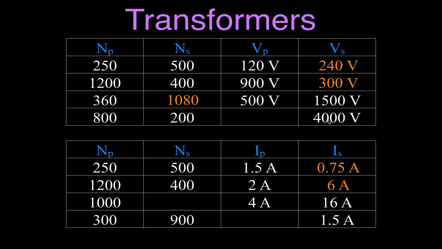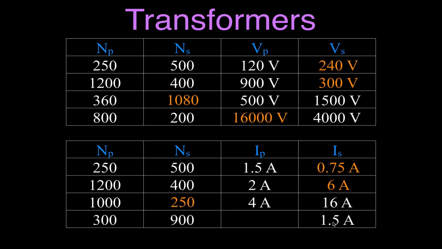So that means that this voltage is going to be a quarter of what this one is. So this is 16,000. Now here we have the currents. We have 4 times as much current. So that means that it has to be 4 times fewer windings. I don't think that's the right way to say it.